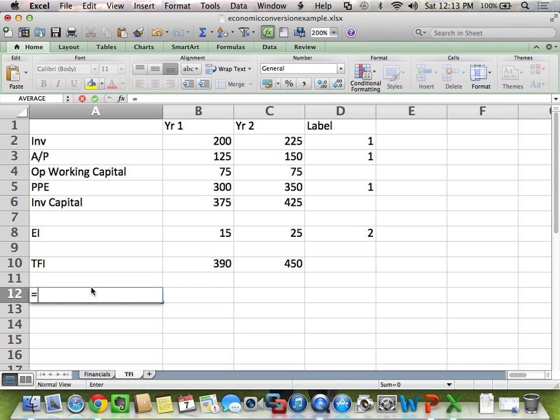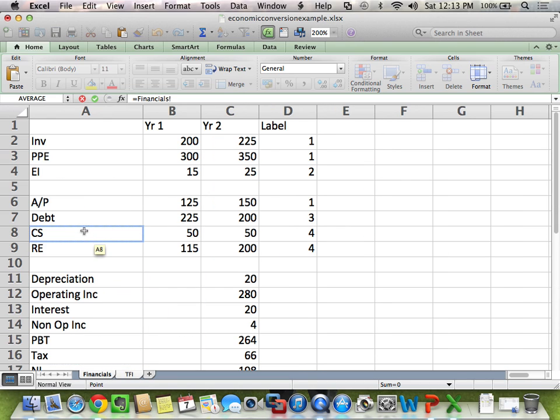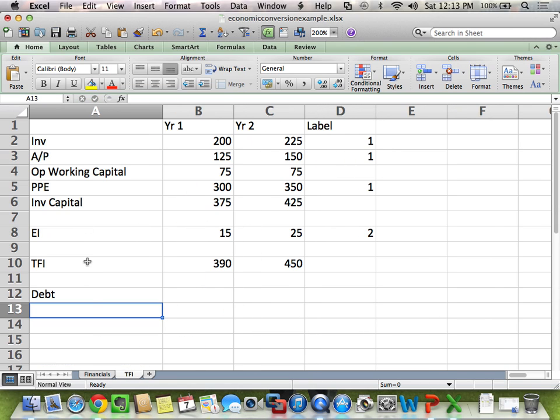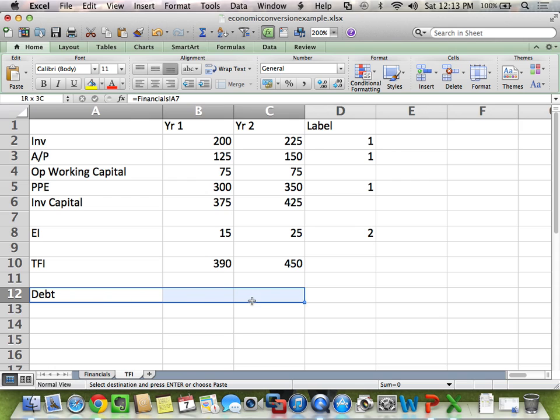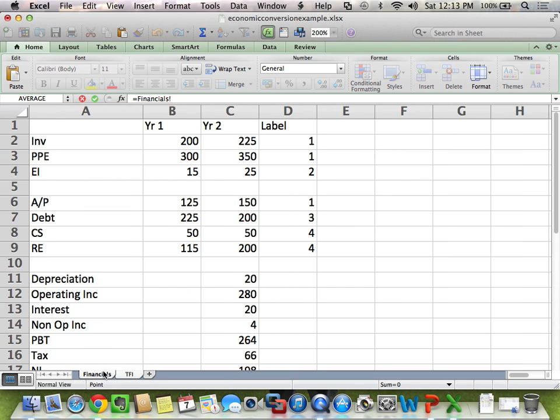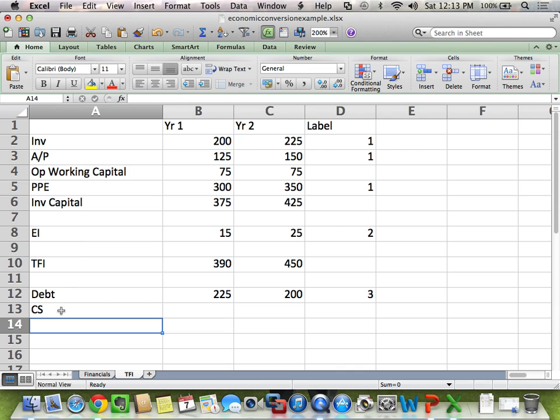And that was financed either through debt. So here's the debt that I financed, or equity. Here's the equity that I financed.